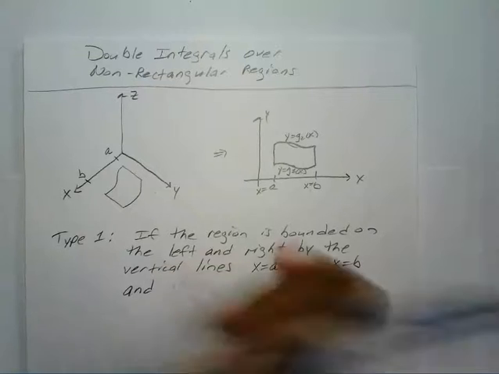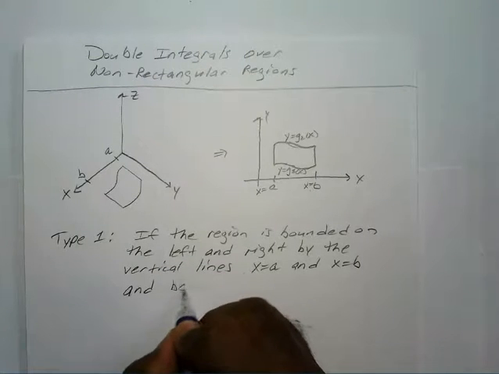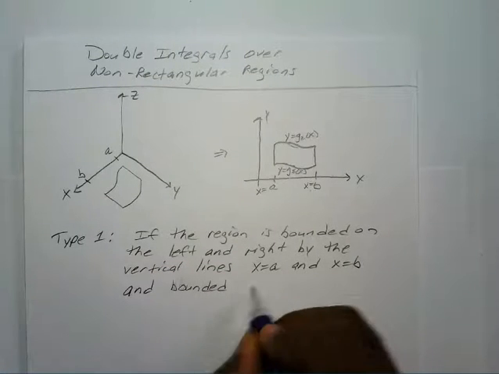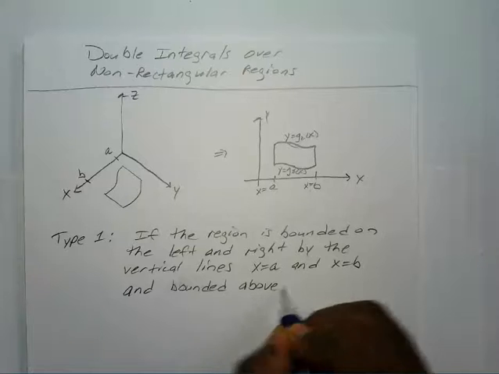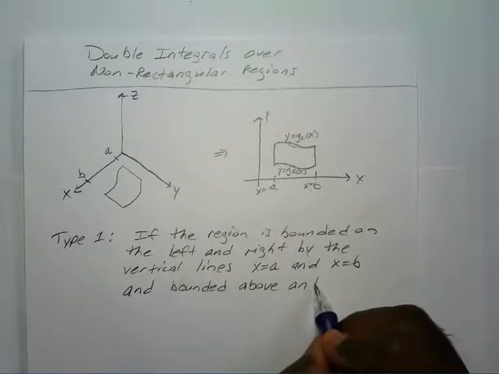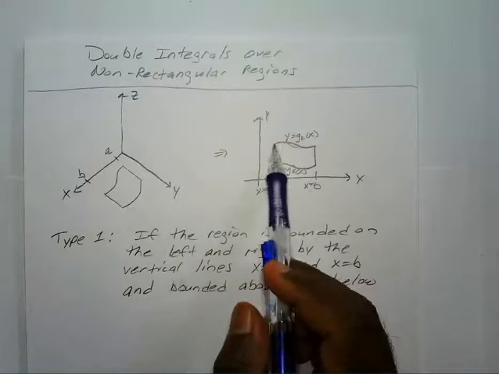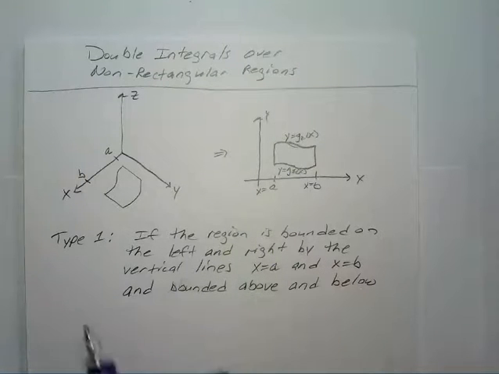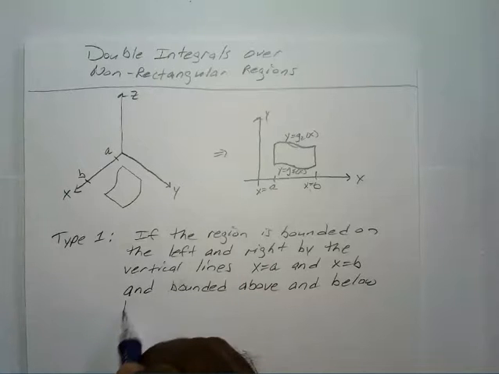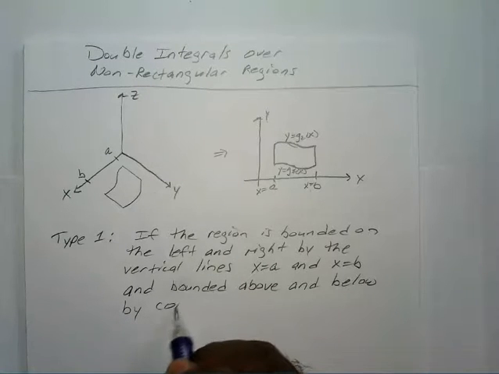I think it's probably a necessary word: bounded above and below by continuous curves, meaning there are no openings, nothing that will make it non-continuous.